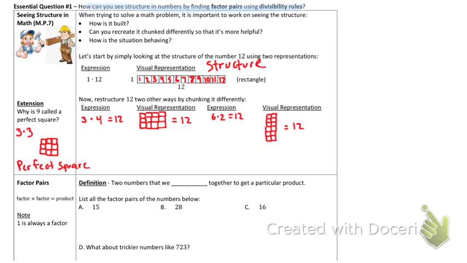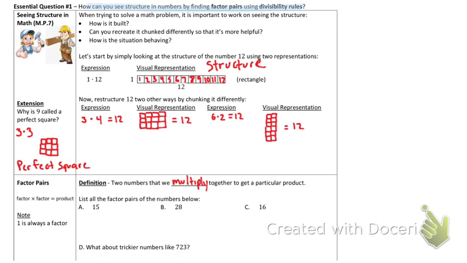Okay, let's move on to our next topic, which is factor pairs. The definition of factor pairs is two numbers that we multiply together to get a particular product. For example, if you look at the previous example above, 3 and 4 are factor pairs of 12 because they multiply together to give me the product 12.